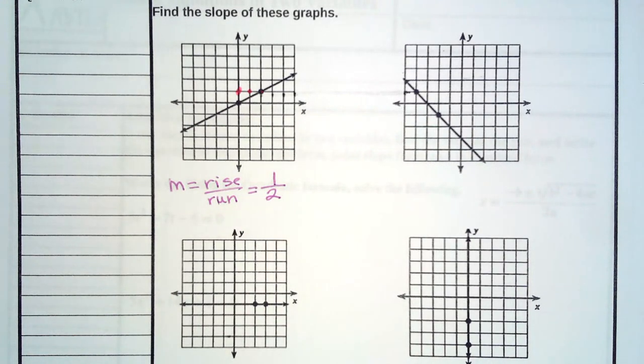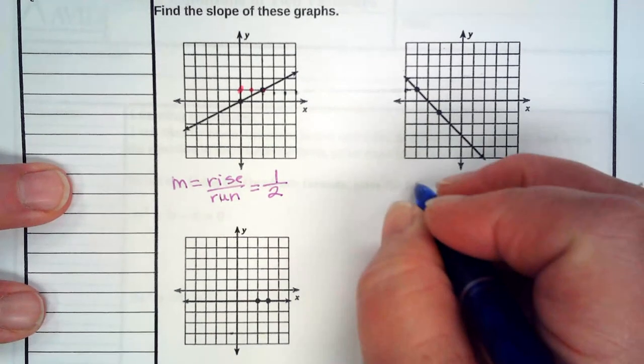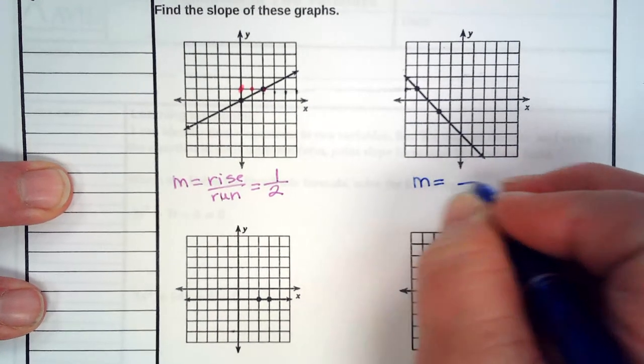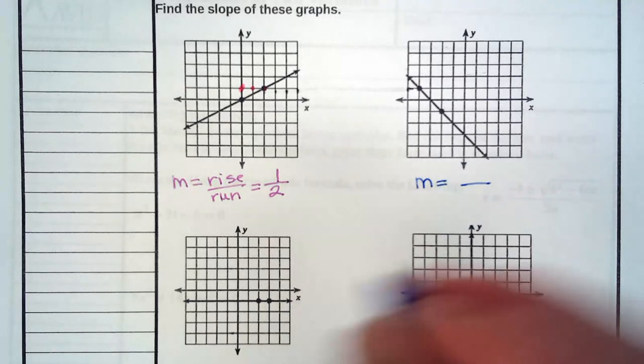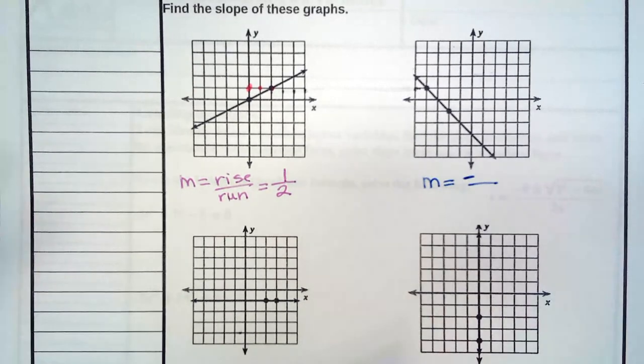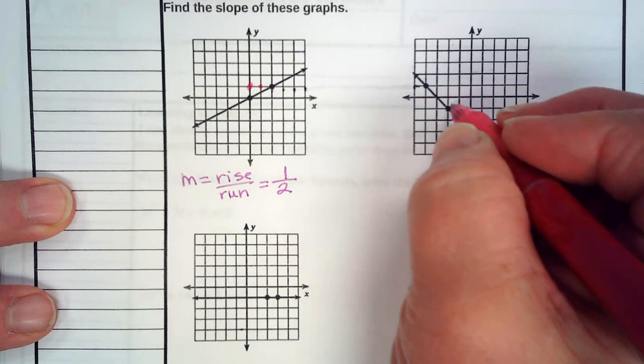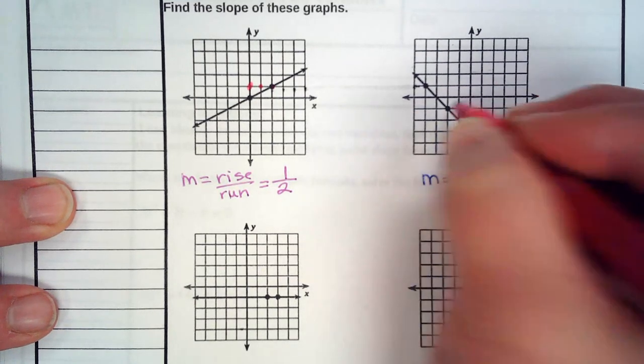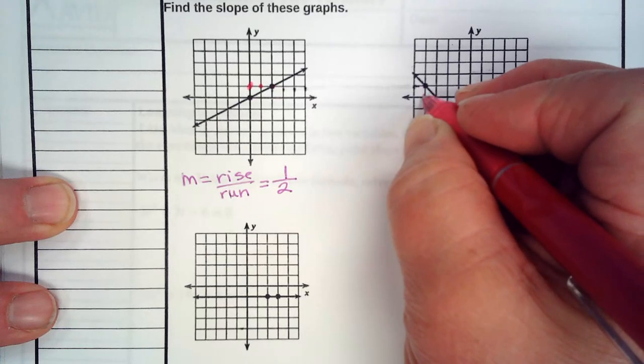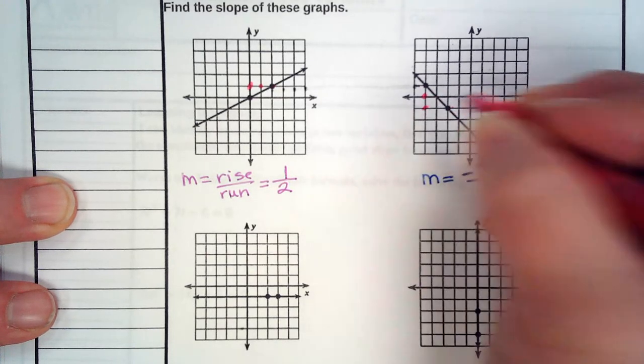How about the next one? This one is a negative. So I'm going to put the negative sign in so I don't forget. Once again, I've got 2 dots identified for me, 2 points. I go down 1, 2.